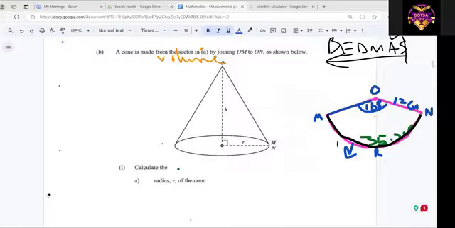In fact, the volume of a cone formula is 1/3 pi r squared times the height. So the height was 10.6.